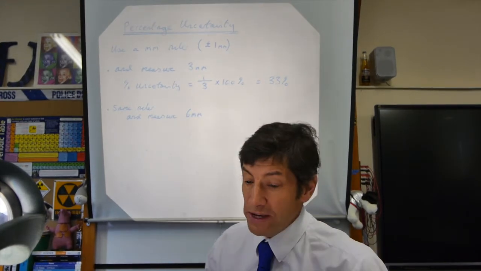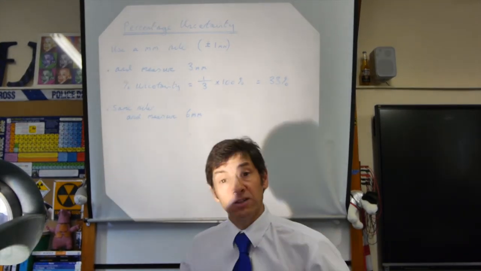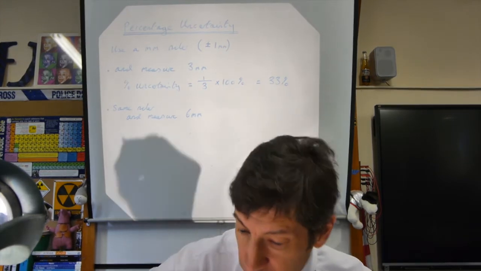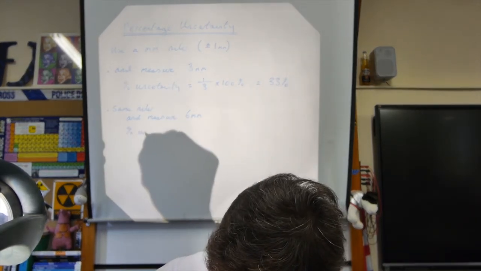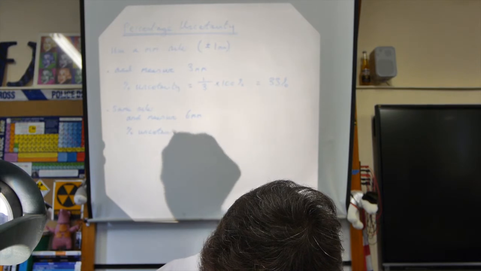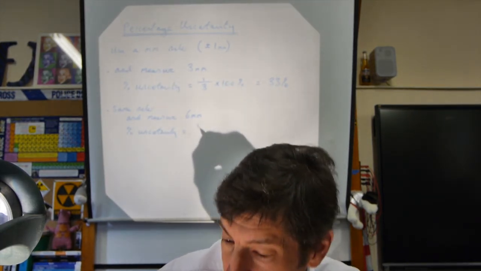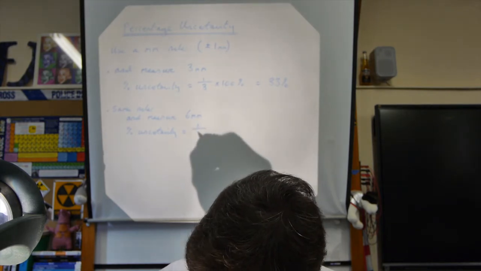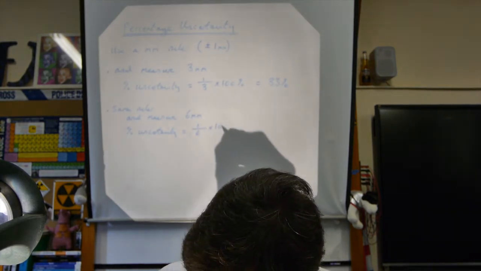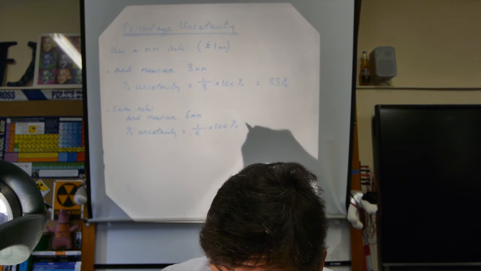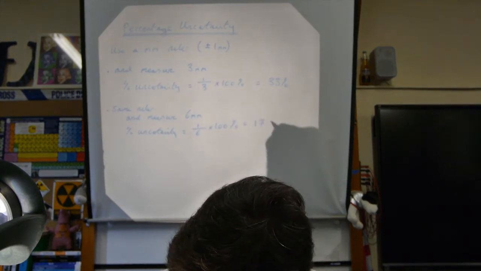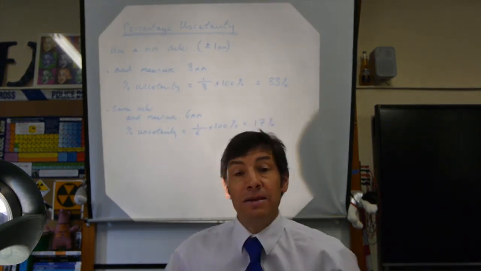Well, we know it's 6 millimetres plus or minus 1 millimetre. So the percentage uncertainty is equal to 1 millimetre in 6 as a percentage, and that's about 17%.